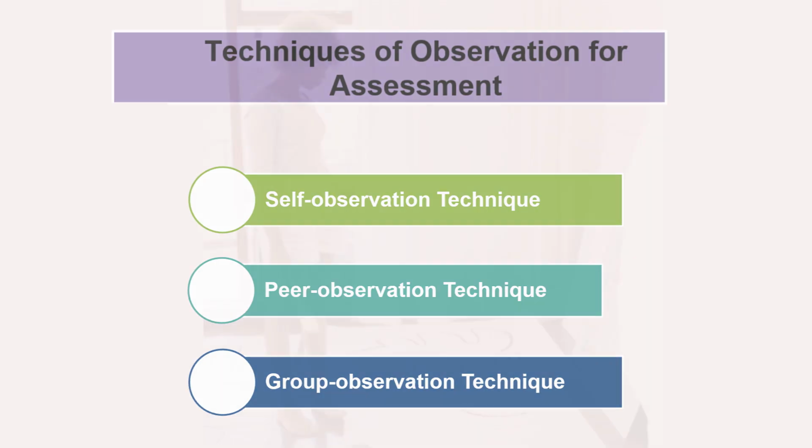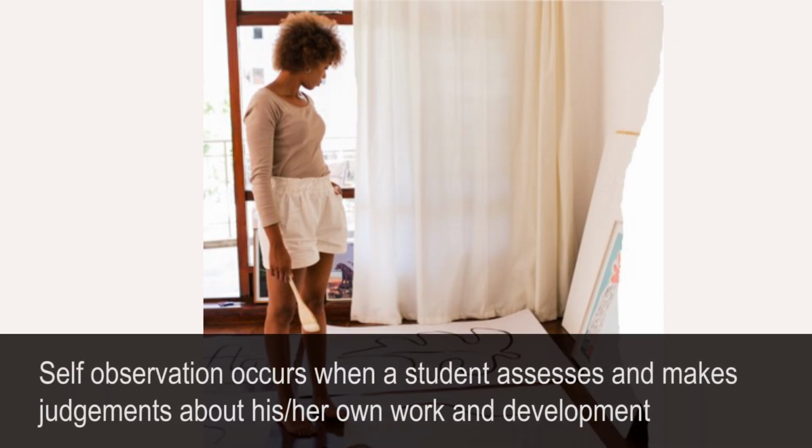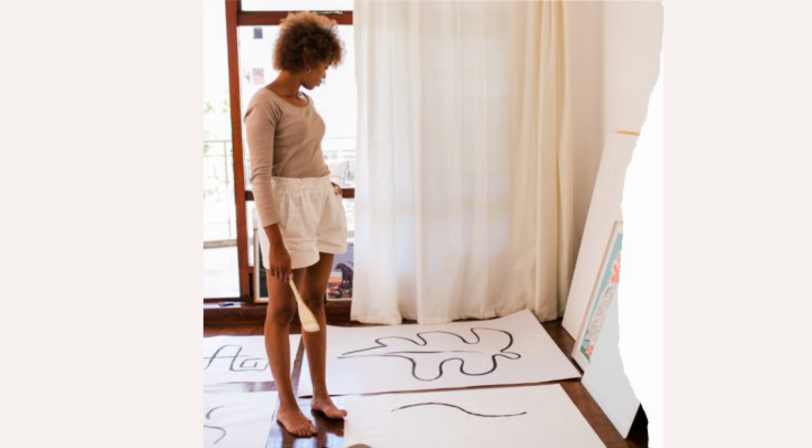Let us go forward. So far as self observation technique is concerned, self observation occurs when a student assesses and makes judgments about his or her own work and development. Many a time we say self learning, self motivated learning, self assessment, and accordingly self observation.